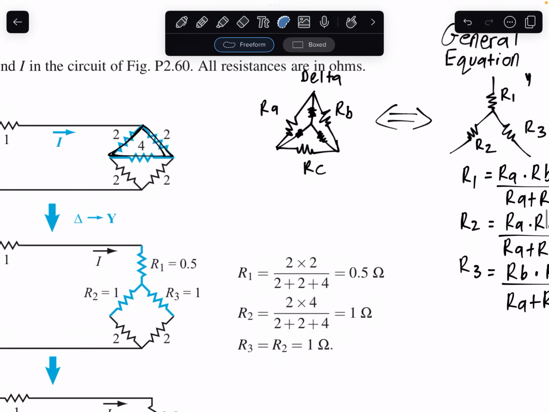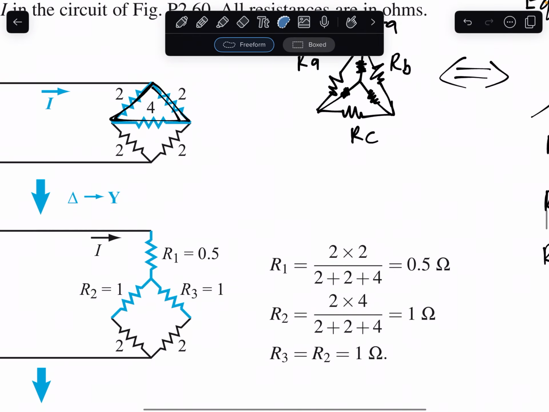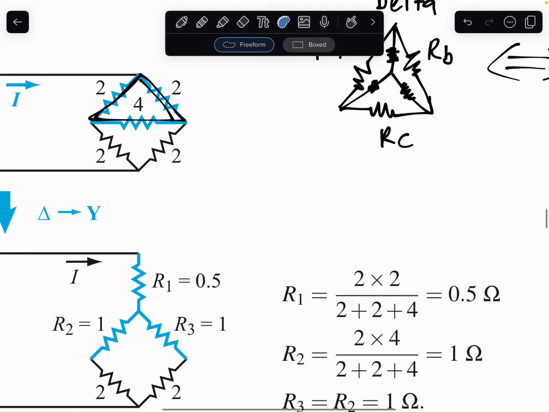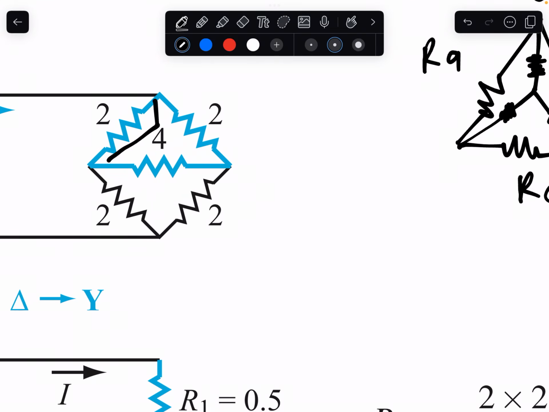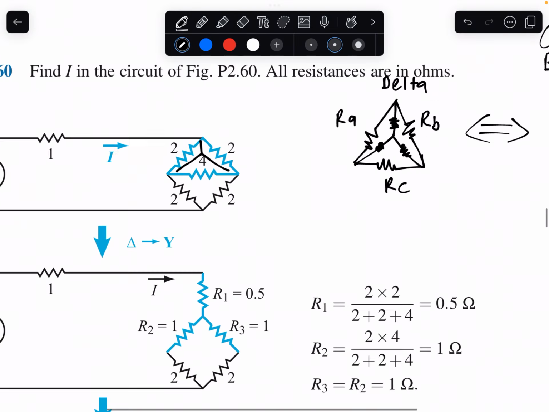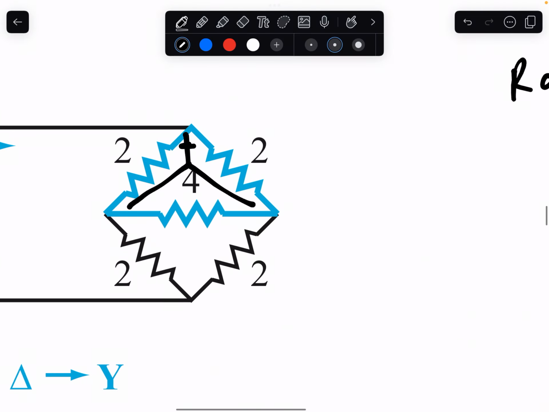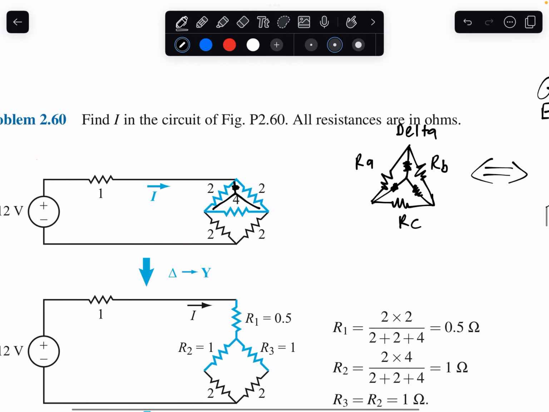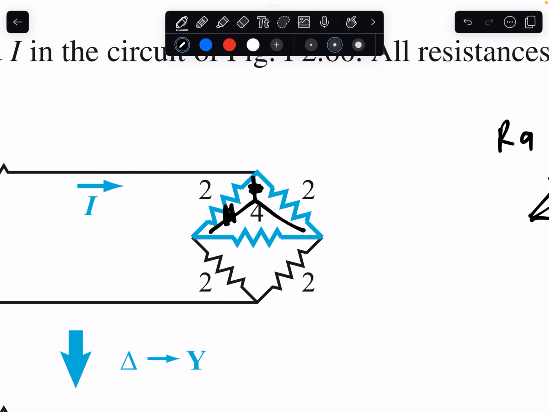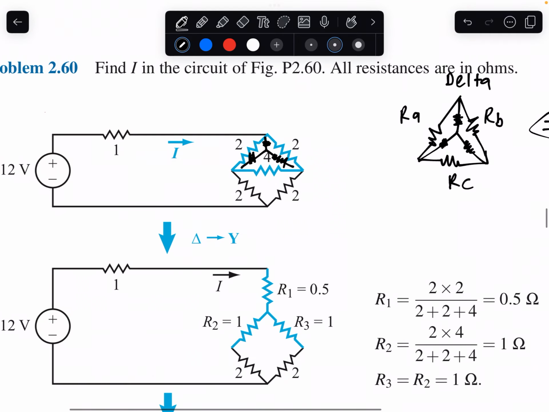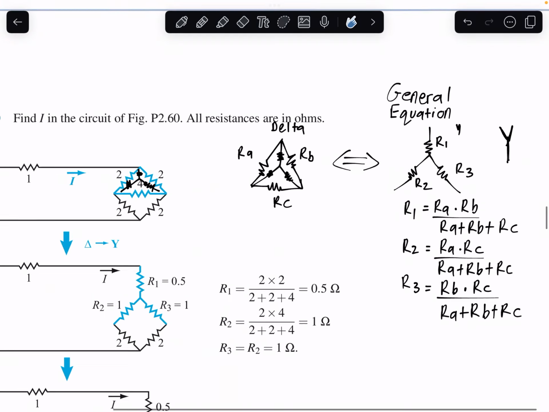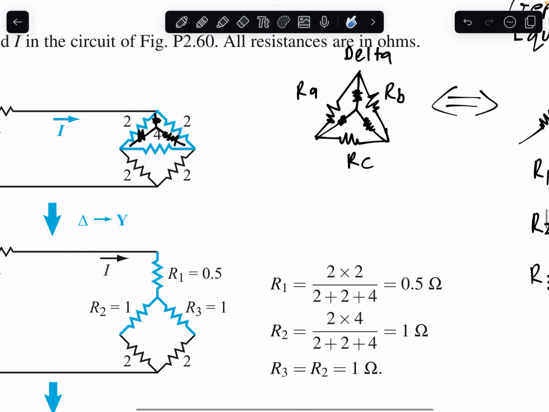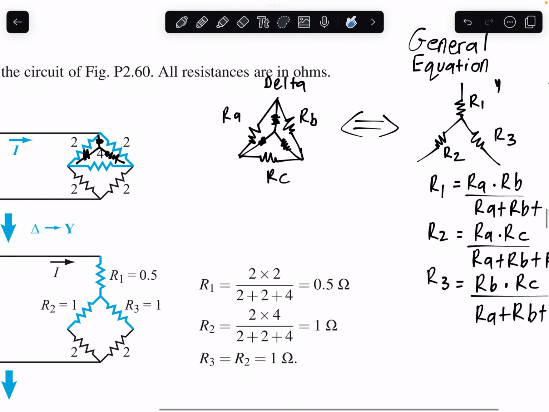summation. So if we apply that to this problem right here, looking at this, if you apply a Y right here, R1 will be the top one, R2 will be the left one, and R3 will be the right one. And following these equations, you could see that R1 will be RA times RB.